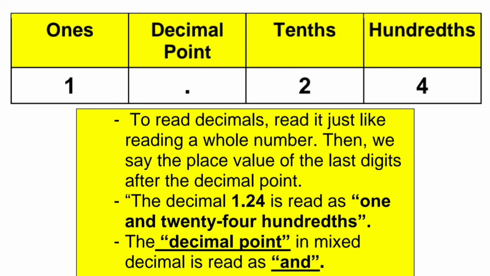It's place value, which is the hundredths. Okay, the decimal point in a mixed decimal is read as "and." As we can see, 1.24 is a mixed decimal because there is a ones part, right? So we read the decimal point as "and." Okay, are we clear, class? Kids, are we clear? Okay, very good.